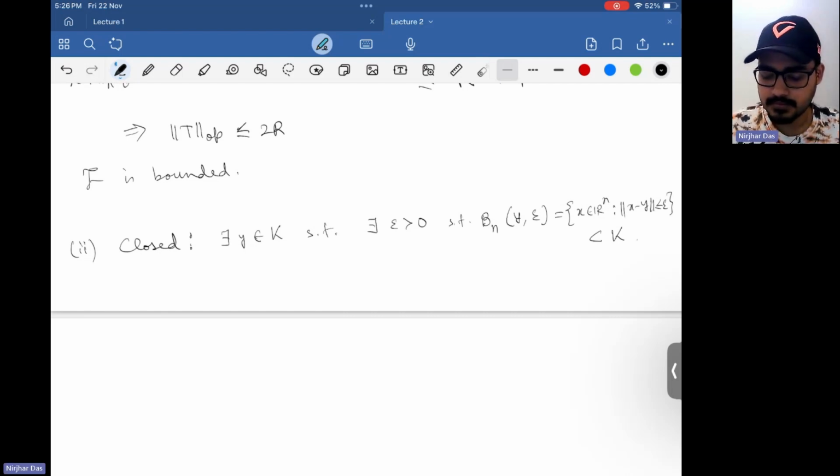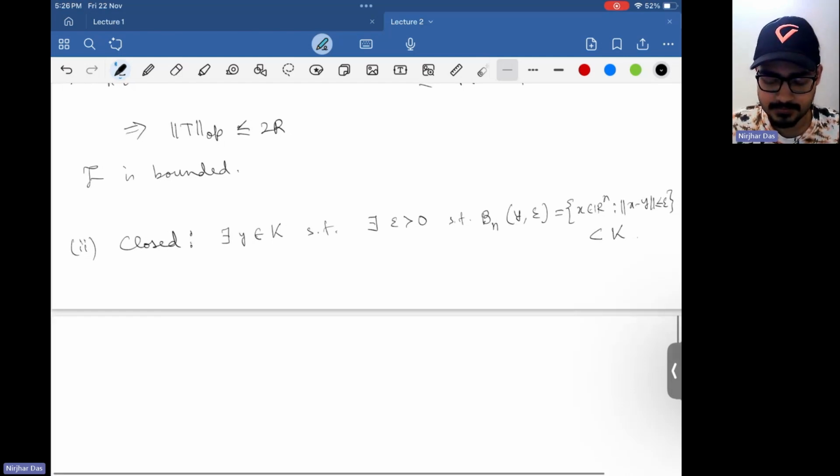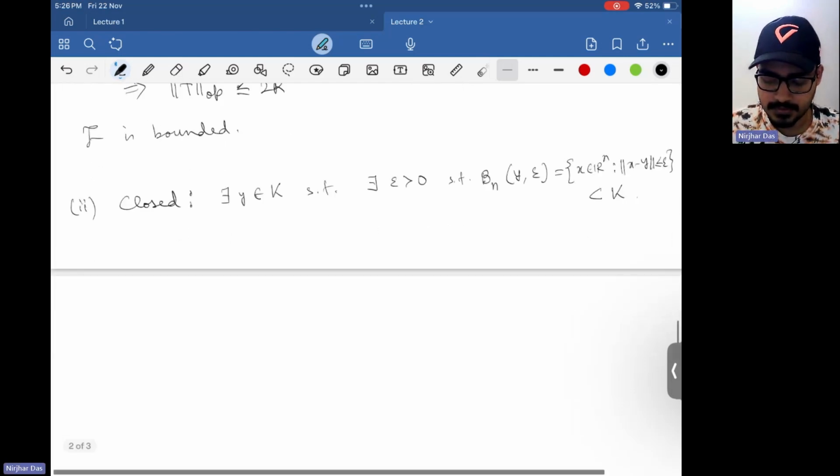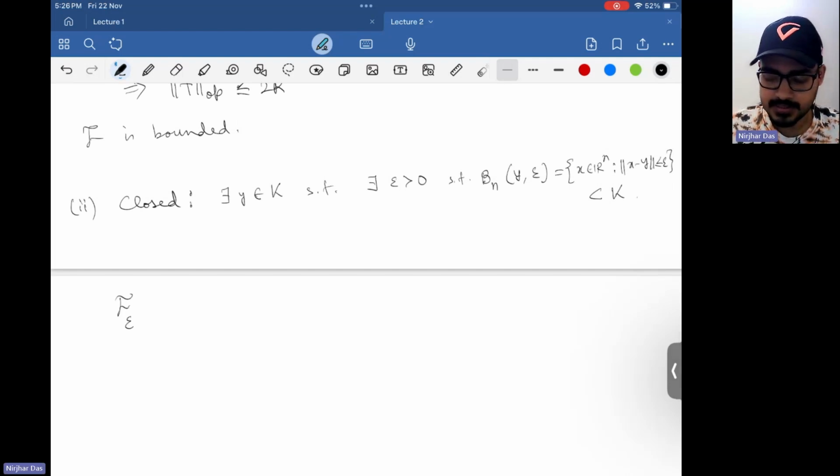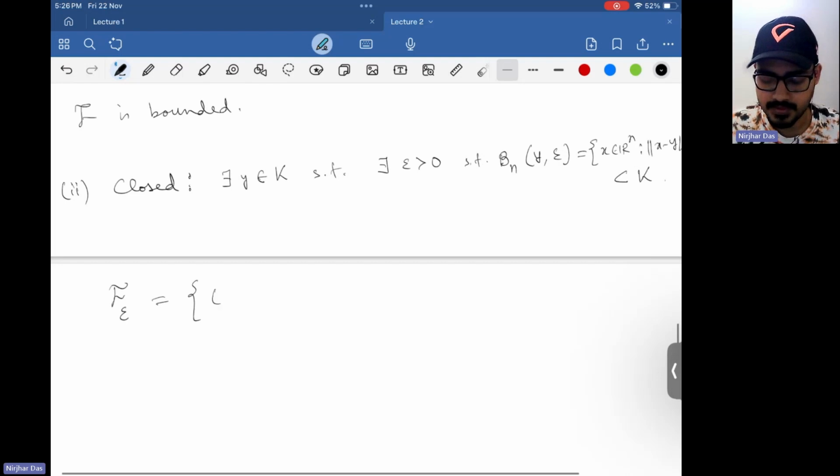And therefore, what we can say is that if we look at the following set, this is our set F epsilon, and this epsilon is the same as the epsilon here. F epsilon is the set of points like (b, T).